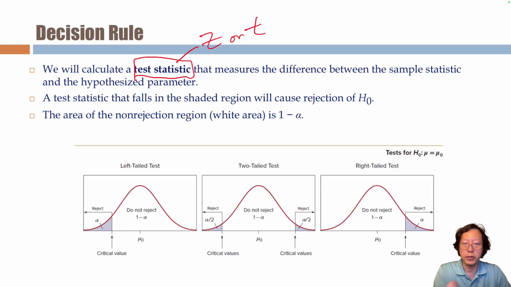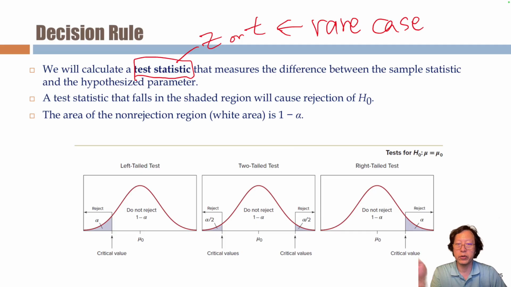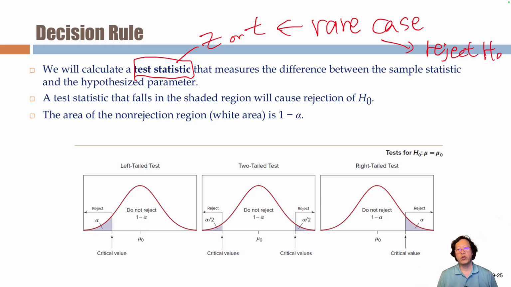If our z-value test statistic is the rare case, beyond the critical value, then we will reject the null hypothesis, because there's very low probability we can get that sample mean if we assume the null hypothesis is true. Which means this is not happening by chance, because the null hypothesis is not true. That's our conclusion.